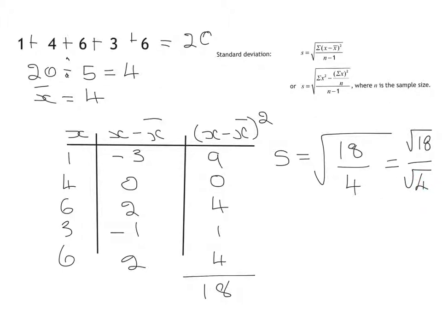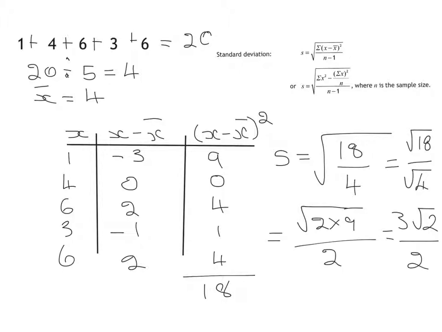That's going to give us the 2. Okay, so breaking my 18 into factors where one of them is a square number, we have got 2 times 9. Square root of 4 is 2. We wanted that 2 in the bottom if you look back to the question. So simplifying that again, we have got 3 root 2 over 2.